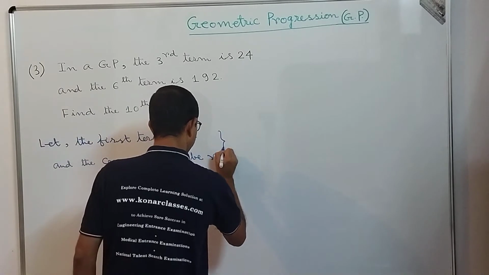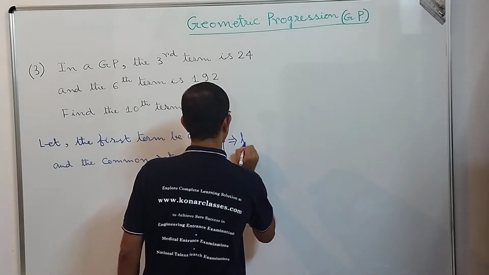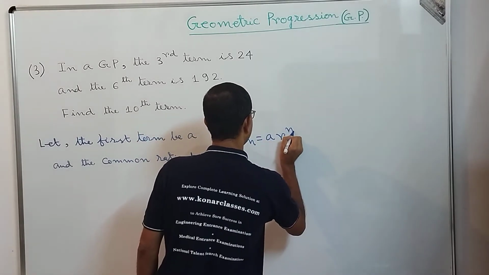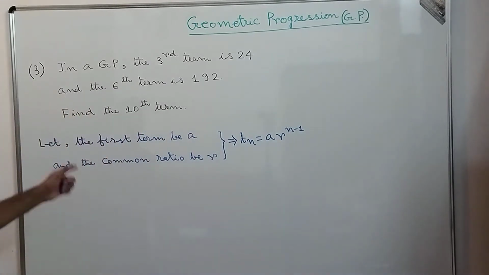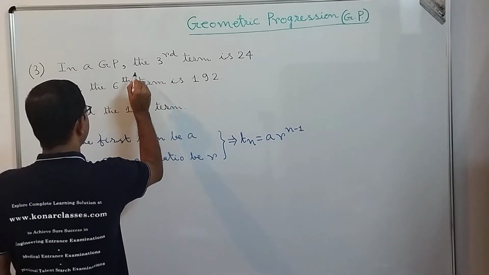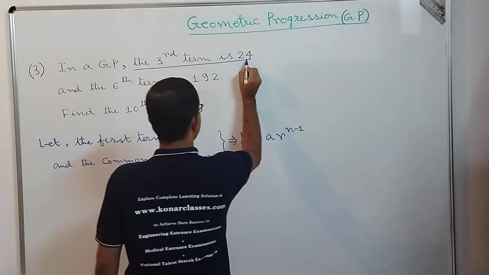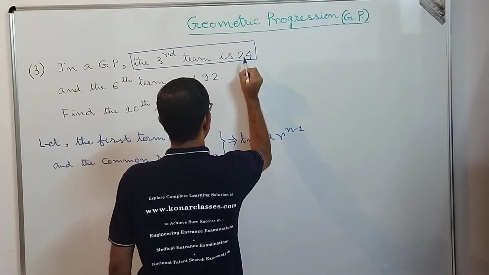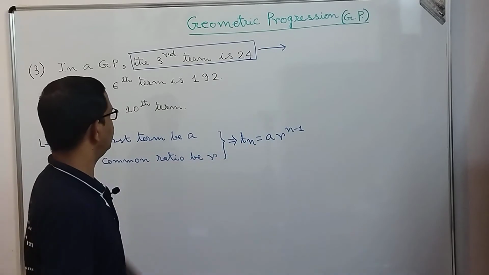If we know these two, from here we can find the nth term. The Tn is equal to A into R to the power n minus 1. Correct, no, dear students? That is the nth term. Now let's look into the first statement. The third term is 24. When we read this statement, what can we conclude? From here we can write that T3 is equal to 24.